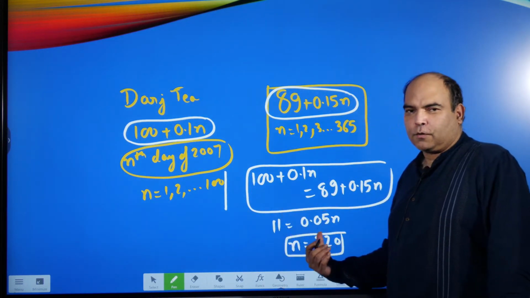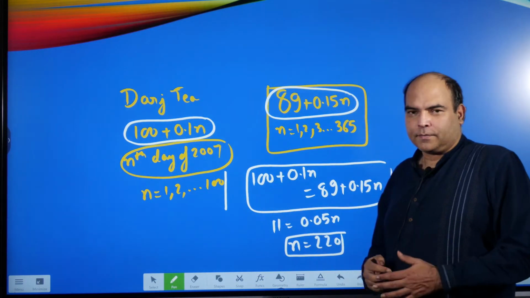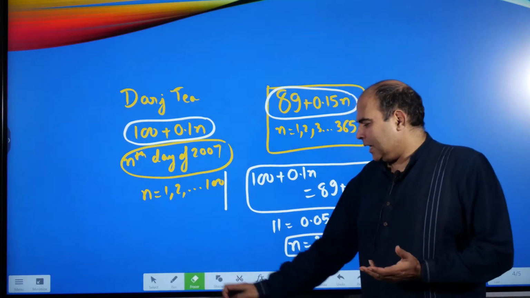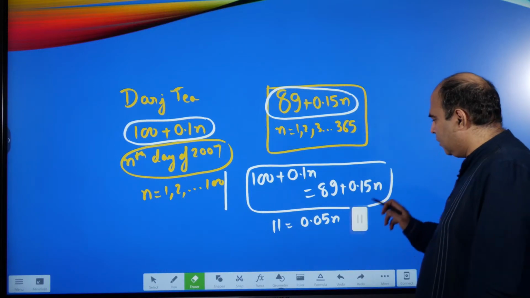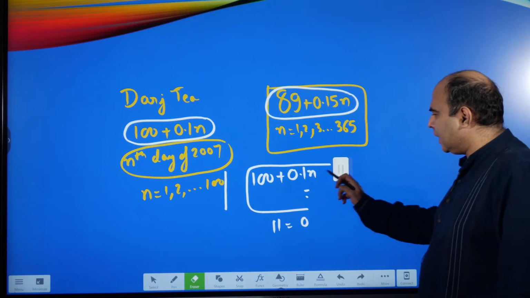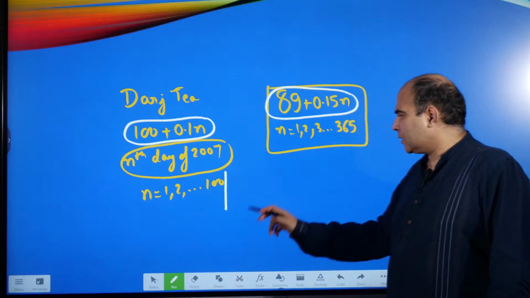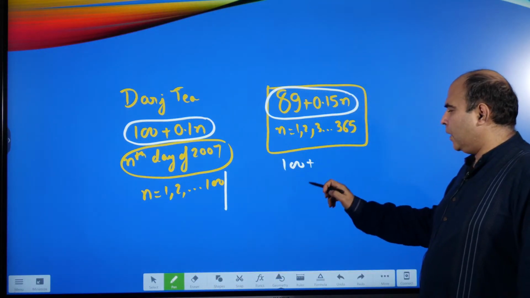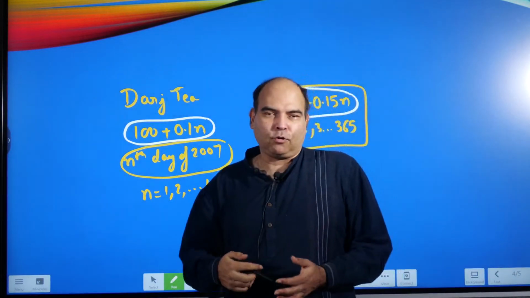If you had got an answer of N below 100 for the prices to be equal, then you could have taken that answer. Inside the exam, a lot of people could not see this and got stuck at this point. Those who saw it realized they had to modify the solution, because the equality happens after 100 days. If both functions continued for 365 days, they would be equal on day 220.